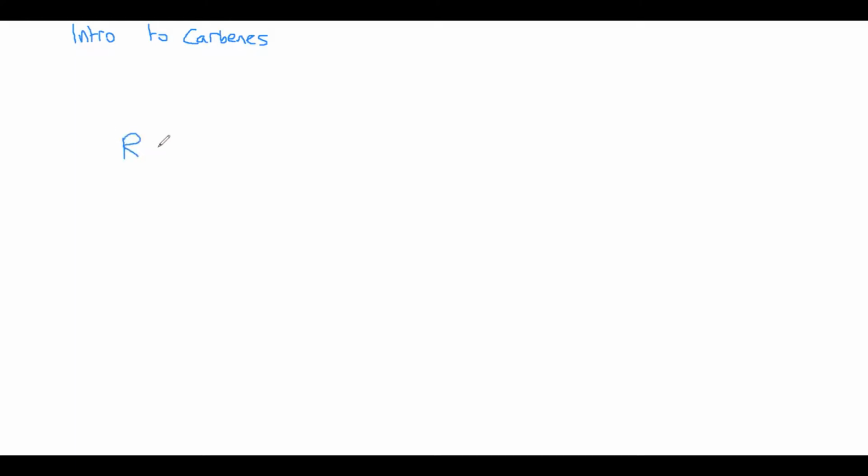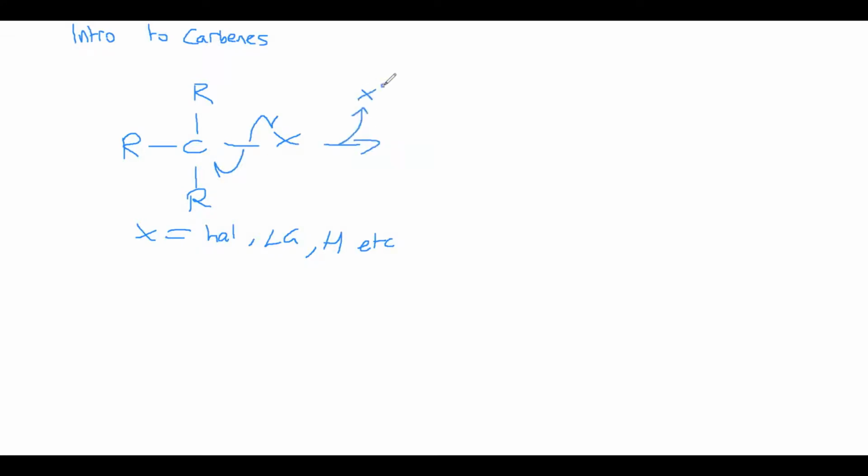If we have a carbon molecule, as we've seen previously, this time bound to an X. Now this X could be a halogen, it could be a leaving group, could be a H, etc. We can get homolytic fission of this bond, forming our X radical that leaves, and we can then form our carbon radical as shown here.